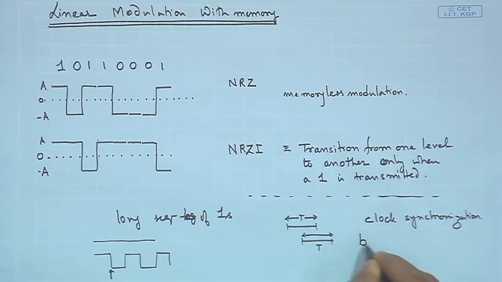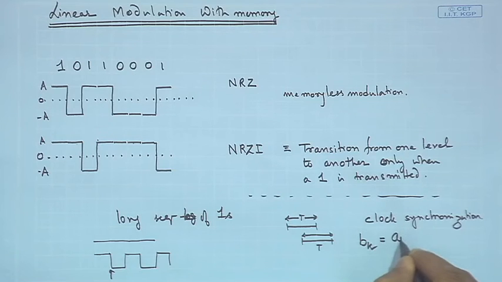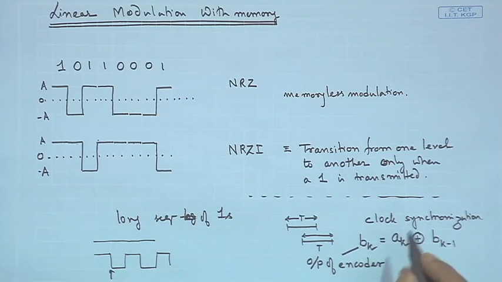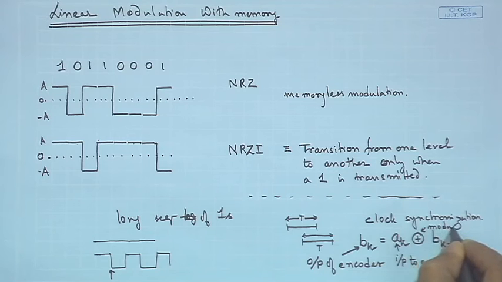And in this case, we could say the output bit Bk is equal to Ak, the input bit, modulo 2 addition of the previous output, right. So, this is the output of the encoder, and this is the input to the encoder, and this one is of course modulo 2 addition.